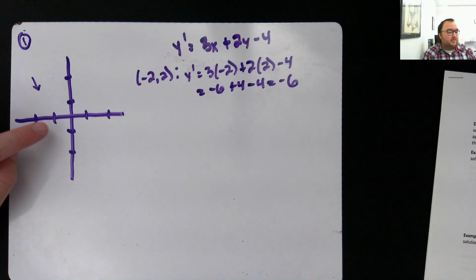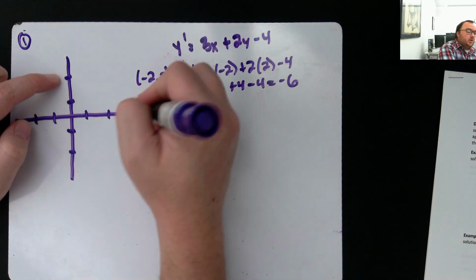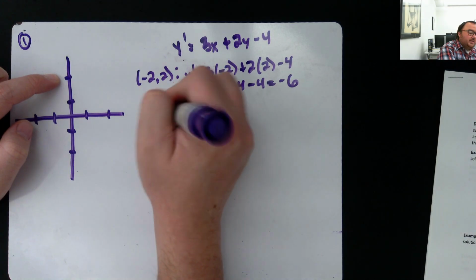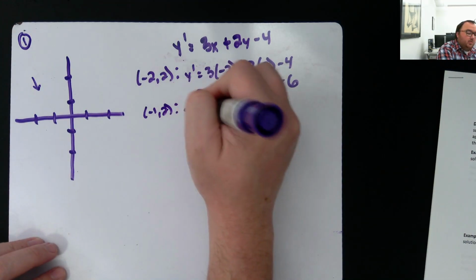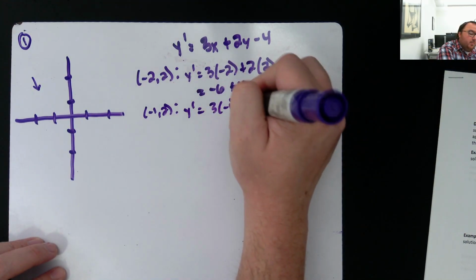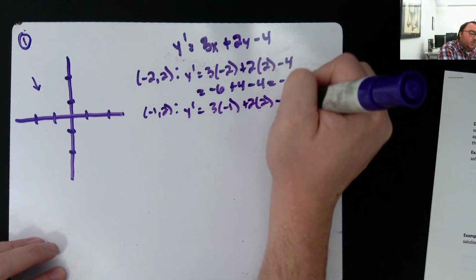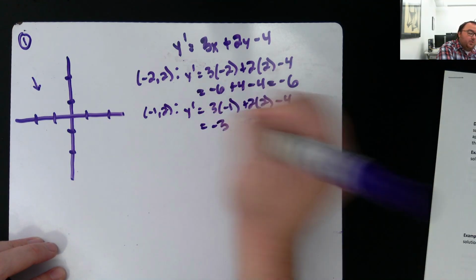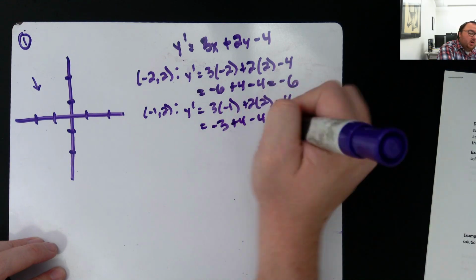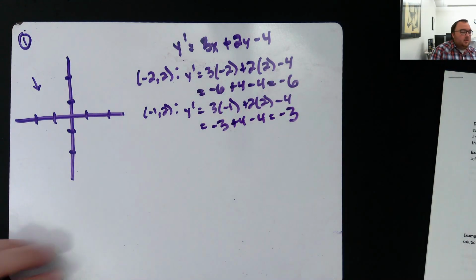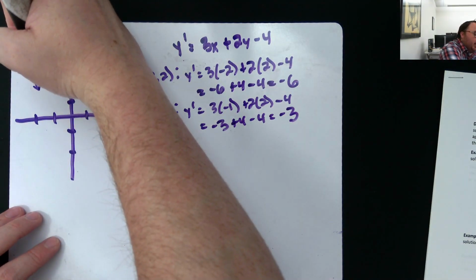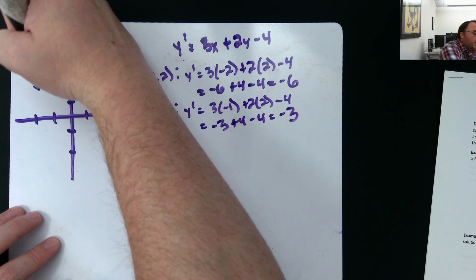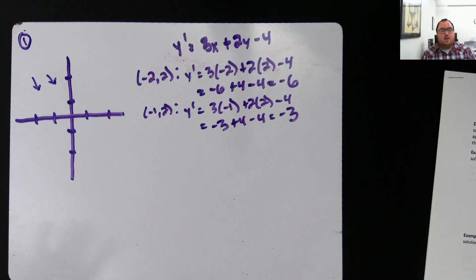Now move on. Next one is (-1, 2). For (-1, 2), do the same thing. Y prime equals 3 times -1 plus 2 times 2 minus 4. That's going to be -3 plus 4 minus 4, which is -3. So at that point, draw a line segment with the slope of -3. If it's not perfectly right, that's okay.